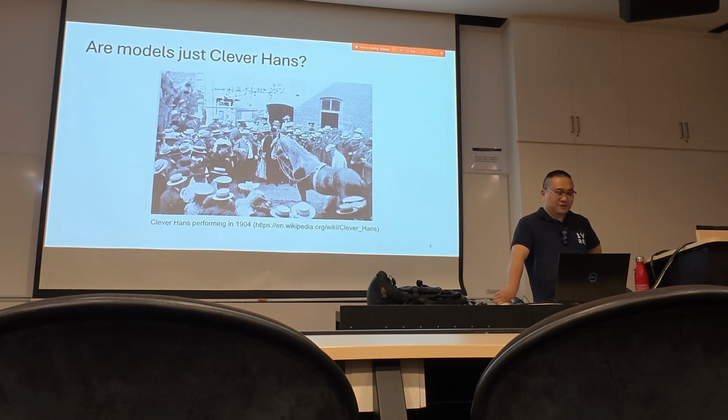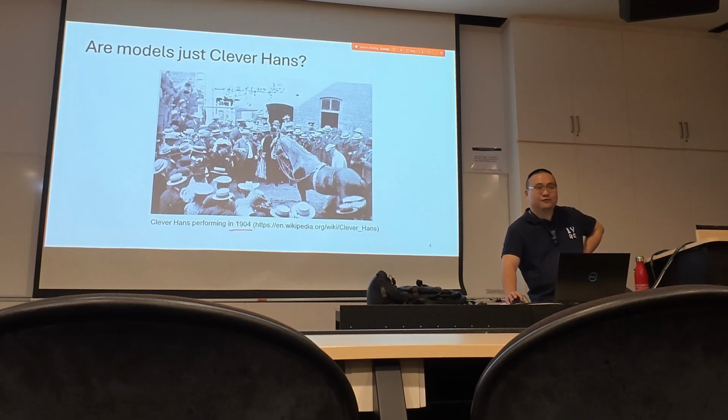So first of all, what is Clever Hans? This picture was captured more than 100 years ago, in 1904. A very old picture. What's the name of this horse? His name is Hans, and this phenomenon is called Clever Hans.